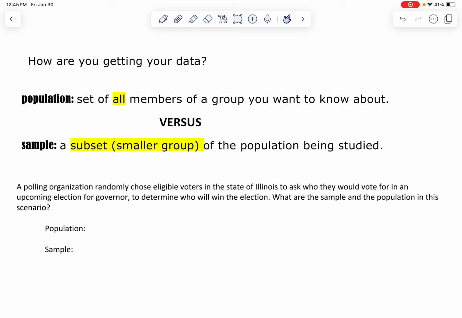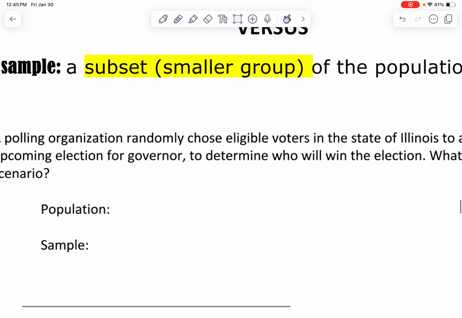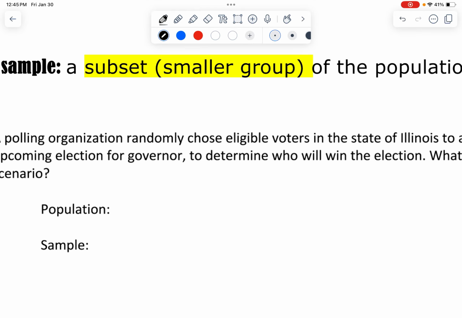A polling organization randomly chooses eligible voters in the state of Illinois to ask who they would vote for in an upcoming election for governor, to determine who will win the election. What are the sample and the population in this scenario? Well, if you were polling, the population would be all voters. So let's write that: all voters in Illinois.